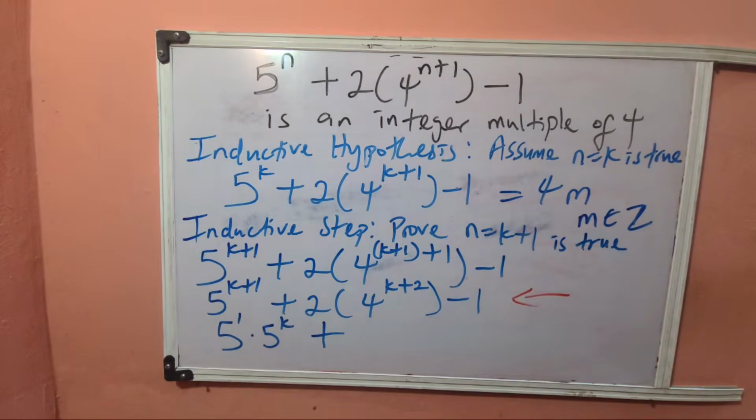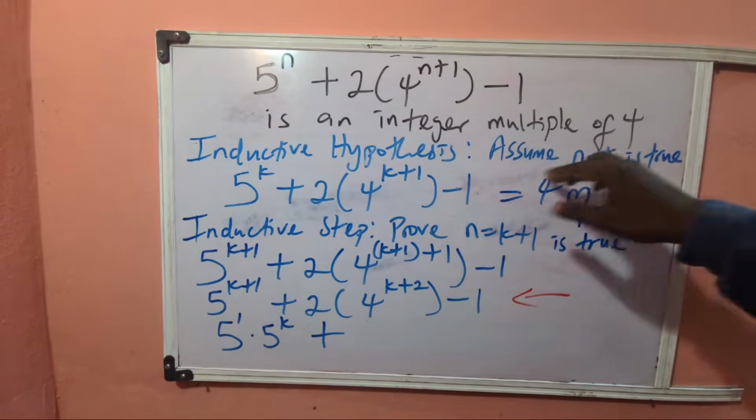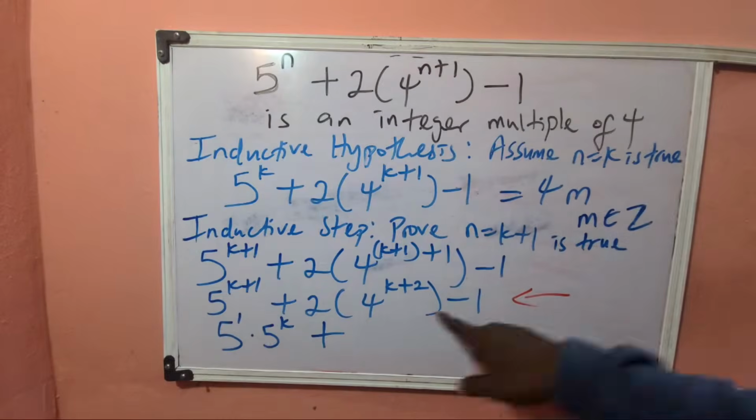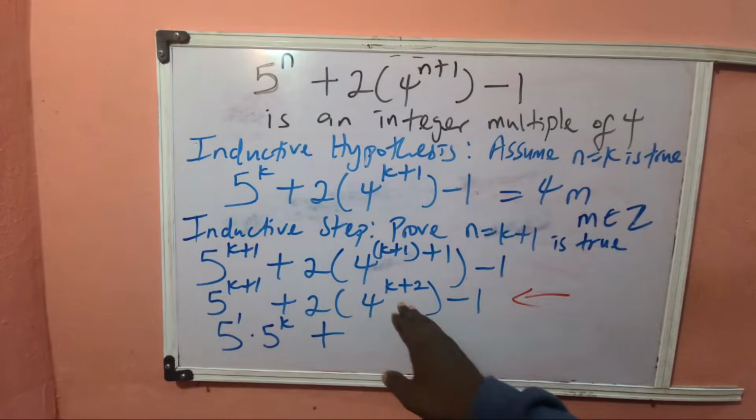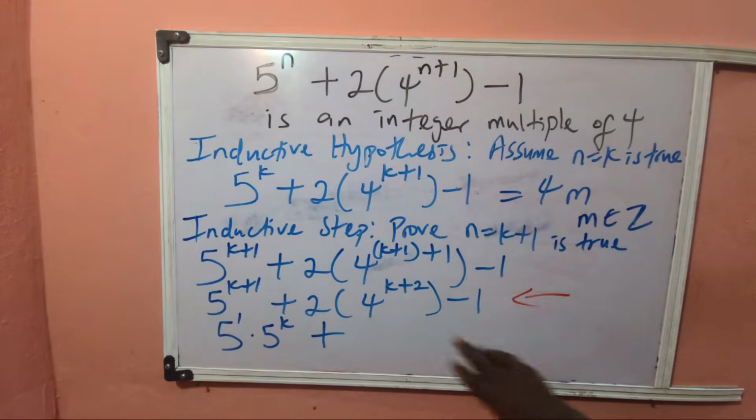But as always, you tend to use your inductive hypothesis, that means when n was k, we use it to make solutions for our k plus 1. So I want to change the form of this in order to accommodate this inductive hypothesis.